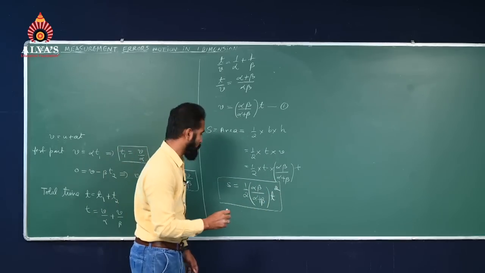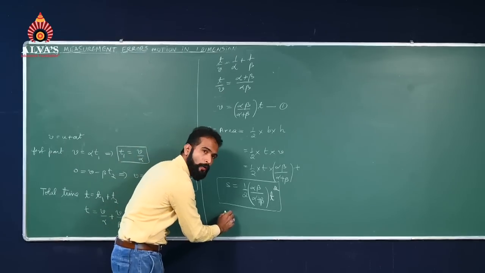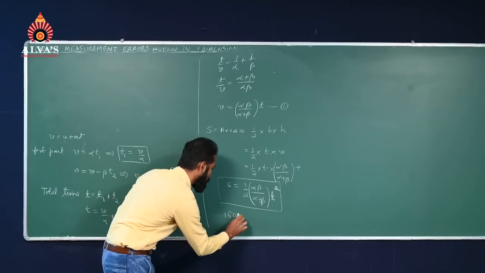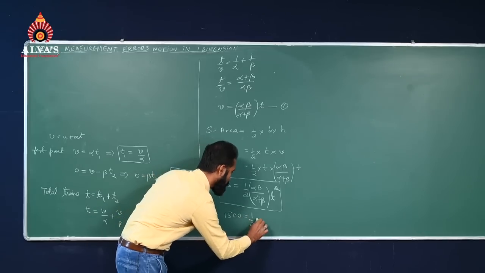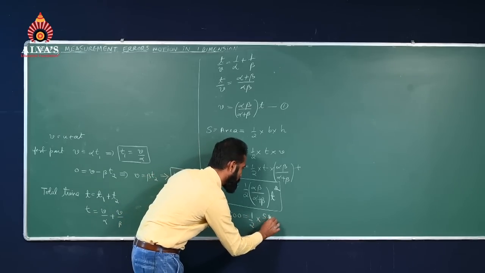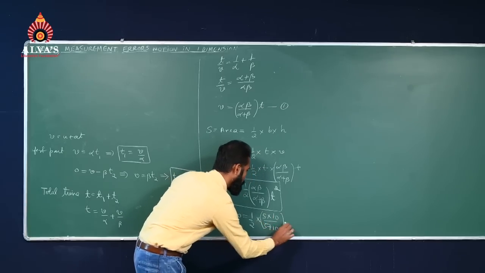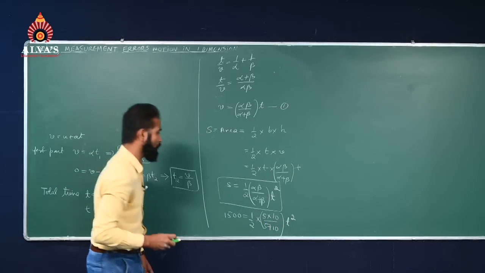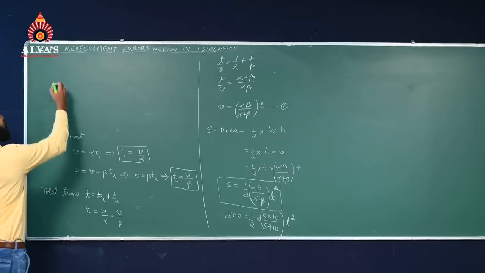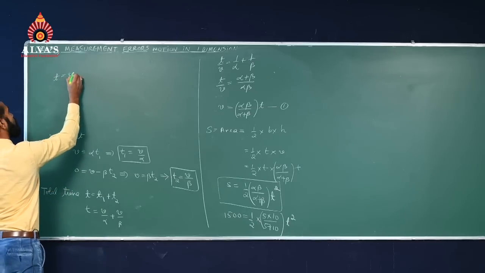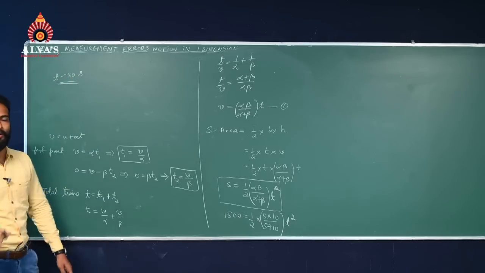Okay, let us substitute the values. So total distance is given 1.5 kilometer, that will be 1500 meter. So that is half. Alpha is given 5, beta is 10, 5 plus 10 into T square. So if I solve this equation, I'm going to get T is equal to 30 seconds. That gives me option number D.